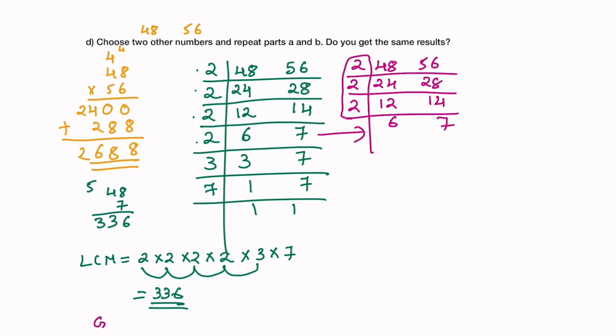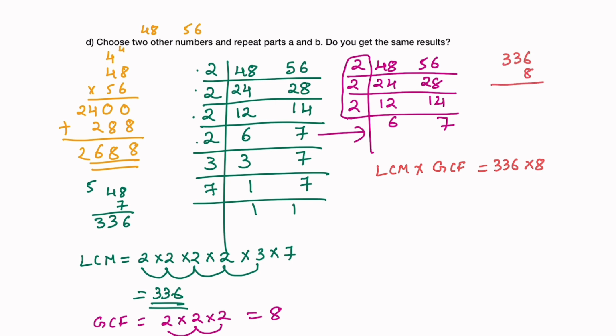So GCF equals 2 times 2 times 2. 2 times 2 is 4, 4 times 2 is 8. What was the next step? We have to find the product of LCM and GCF. So LCM times GCF, we have to do 336 times 8.